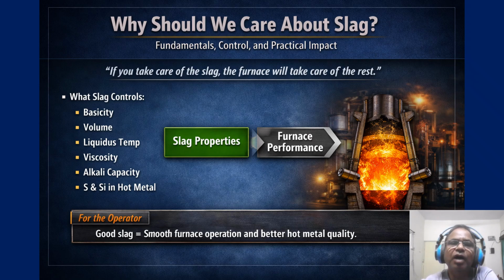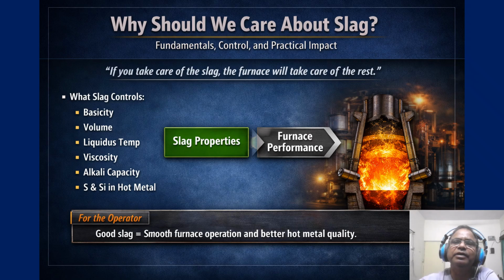It determines how much slag volume we have, the temperature at which it becomes liquid, how easily it flows, that's the viscosity, and how well it removes sulfur and silicon from the hot metal. Slag also affects alkali buildup. So when you take care of slag chemistry and properties, the furnace runs smoother, hotter and cleaner.